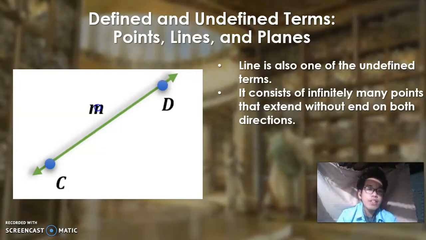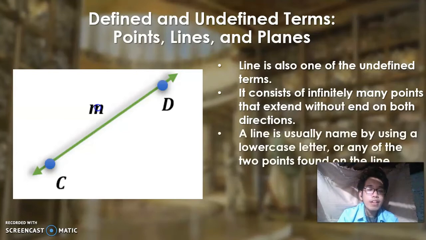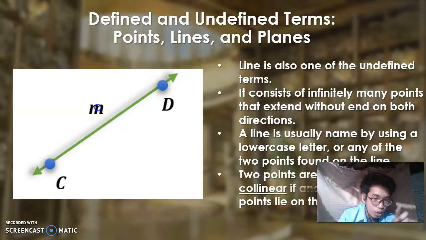It consists of infinitely many points that extend without end on both directions. Then we have a line is usually named by using a lowercase letter, like you see here on the example, letter m, or any of the 2 points on the line. So we can also call the line CD, with a script of a drawing of a line.